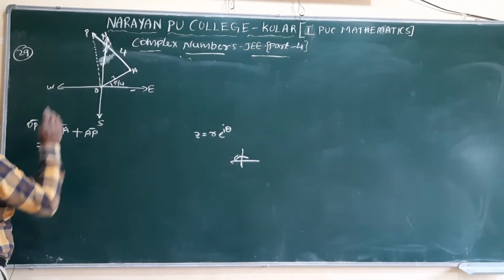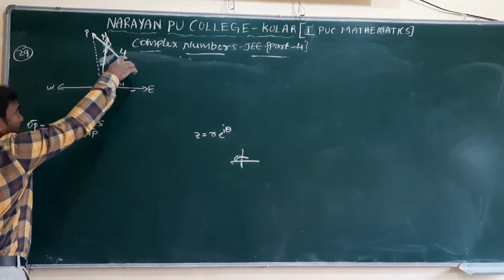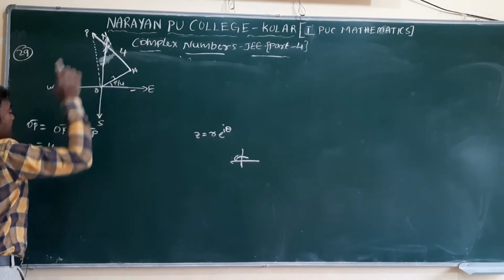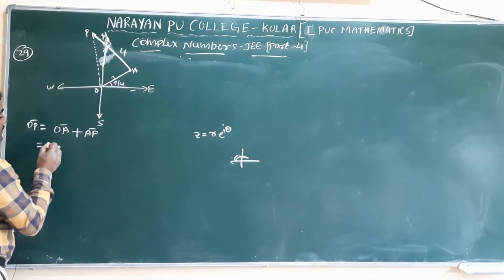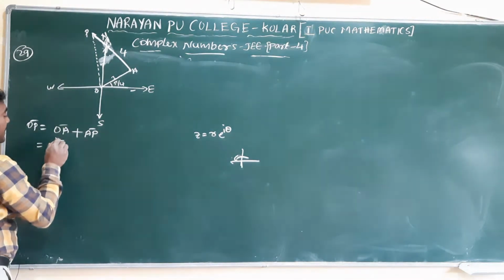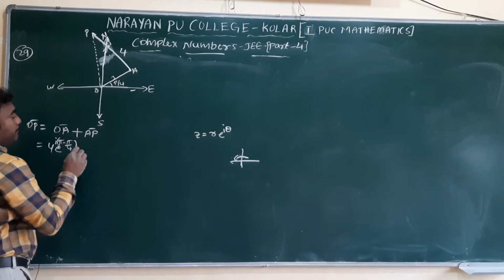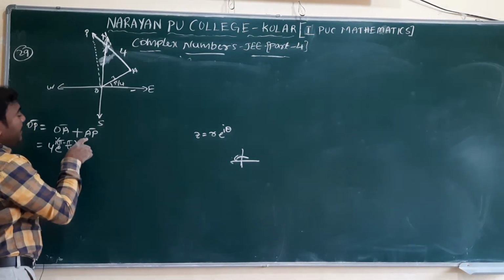Here OA bar has magnitude R, so 4 into e power i into pi minus pi by 4, plus AP.